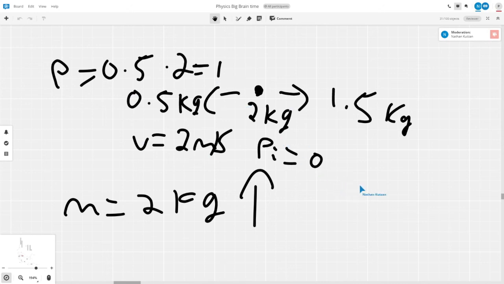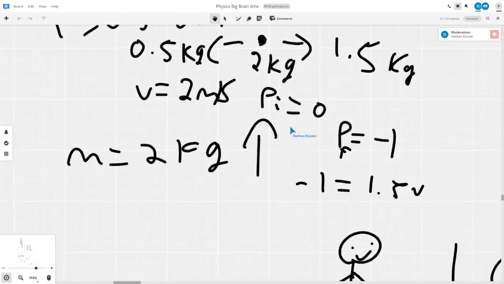Yep. So the final momentum of the right side has to be -1. And so how can we then solve for the velocity of the right side? Algebraically, -1 equals 1.5 times v. Yep. And then that's just v.